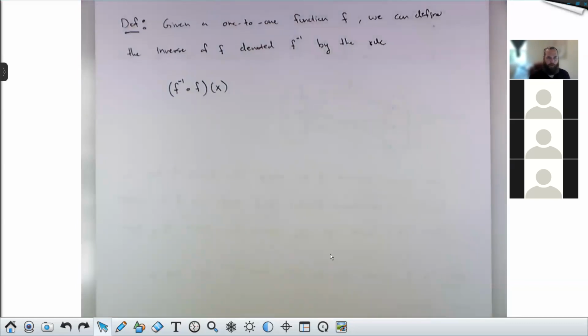Okay. So imagine that f inverse is the mapping that turns the arrows around.